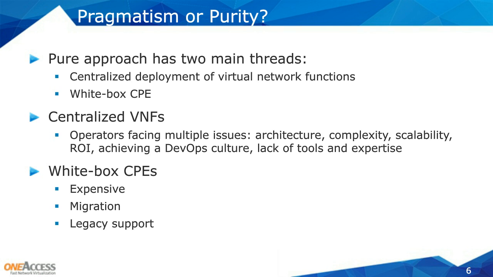Scalability, we'll talk a little bit about later, but a lot of virtualized network functions are actually quite heavy in terms of their compute, memory and storage requirements. Another big issue is return on investment, as well as more of a cultural issue, which is how do they achieve a DevOps culture, which is really about merging the network and IT functions within their organizations to be able to achieve virtualization, and the tools and expertise to be able to do that.